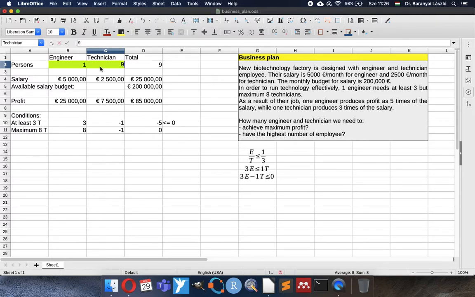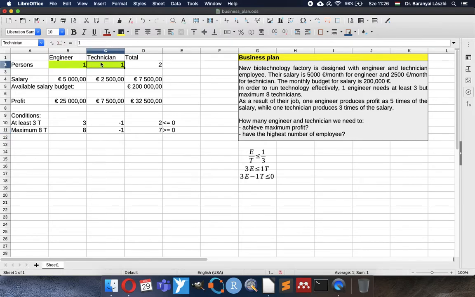If I enter more technicians, the calculation result will be negative, which is not good for us. If I enter a value which satisfies this condition, then the value is above 0. So right now we have the expectation that the calculation result will be higher than or equal to 0.